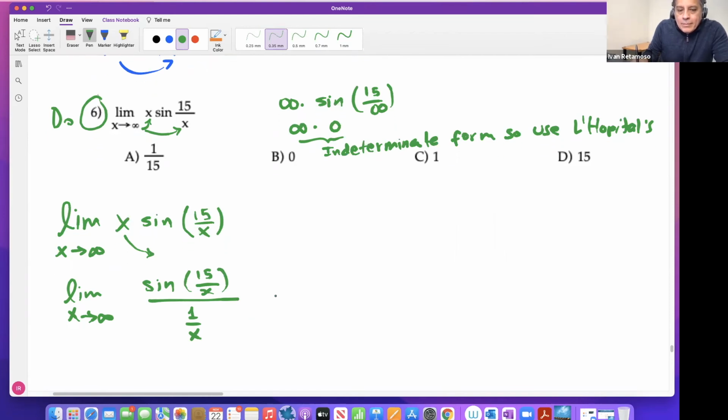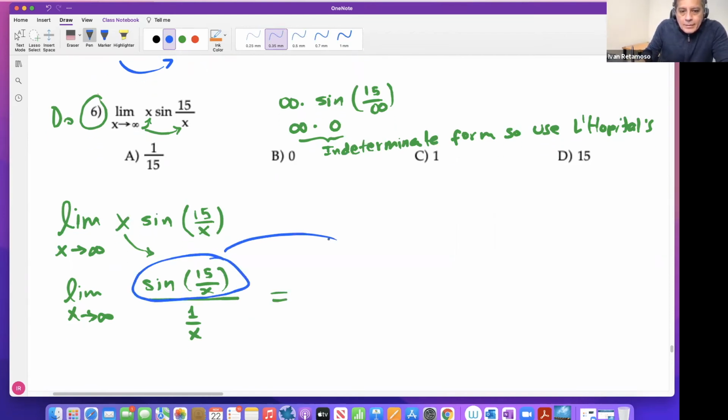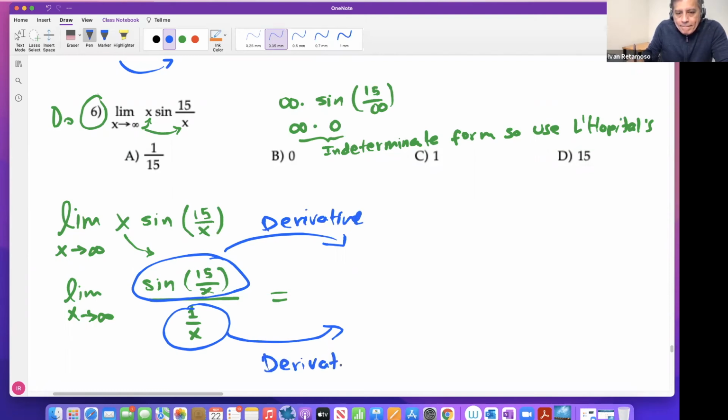So now apply L'Hopital: derivative, derivative. Go ahead, and try to remember this for your homework because some questions are a little bit difficult there.